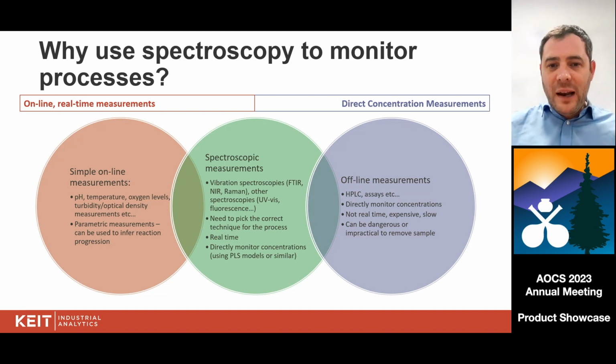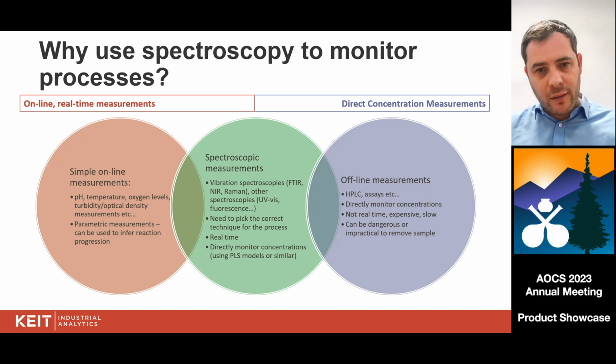These are completely ubiquitous, even things like flow meters. They are used everywhere. They're continuous measurements, but they're parametric, which means they measure one thing. And they do this one measurement consistently, but from that we have to infer what is happening in a process. So if a temperature probe says it's hot, it's hot. If a pH probe says it's acidic, then it's acidic, but you don't know why it's acidic.